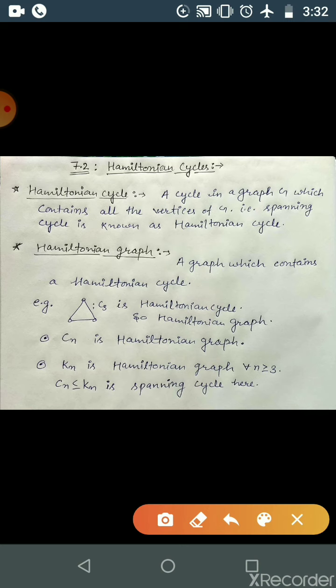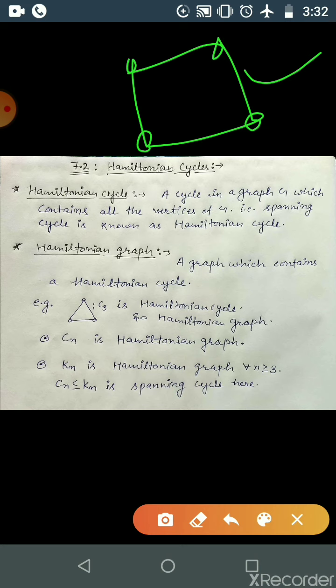All cycles are Hamiltonian cycles, and so is the graph itself. Suppose C3 is a Hamiltonian cycle, so it is also a Hamiltonian graph, C4 is also a Hamiltonian graph, it contains C4, C5 contains C5, and so on.